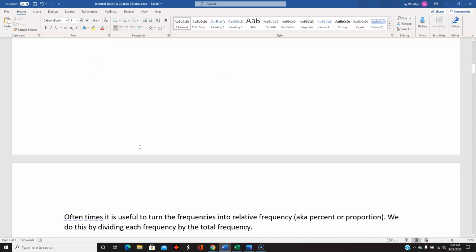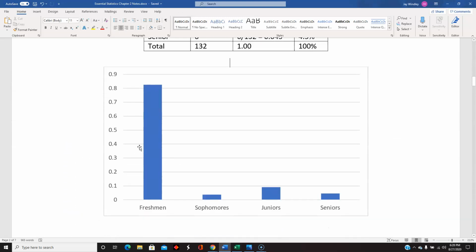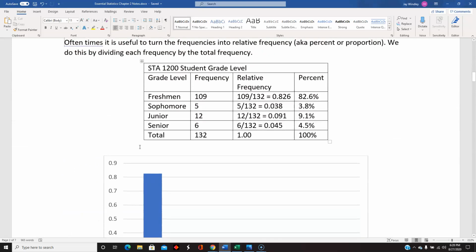Oftentimes it's useful to turn the frequencies into relative frequency, or you could say percent, or you could say proportion. You do this by dividing the frequencies by the total frequency. So there's a total of 132 students. If you take 109 and divide by 132, that tells you that 82% of my Stat 1200 students are freshmen.